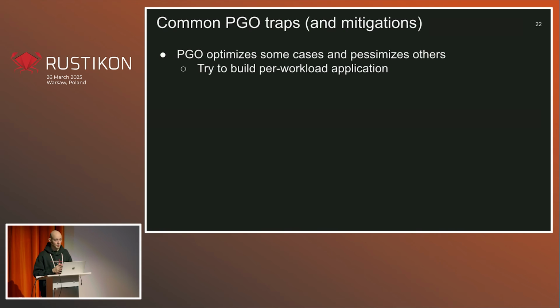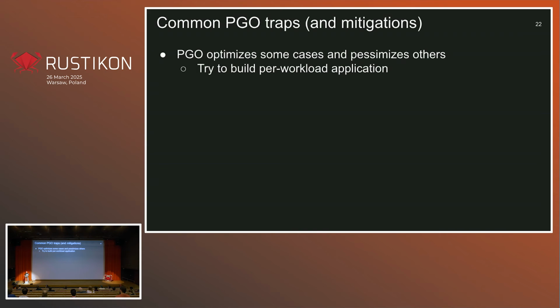So if you are in this situation, you can try to build different versions of your applications, like one version per workload. For example, we have 2 web servers, and we see 2 dedicated workloads for them. Just build 2 binaries and deploy them and reroute traffic between them, something like that.